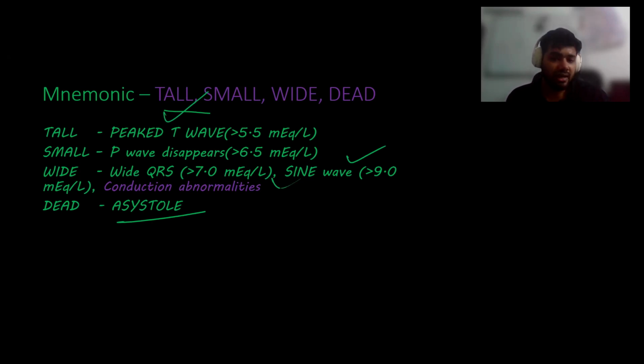At more than 7, QRS widens. At more than 9, there is a pre-terminal event, sine wave appears, and also conduction abnormalities, as well as the patient goes into death at these levels. So 5.5, 6.5, 7, 9. So tall, small, wide, and sine wave.